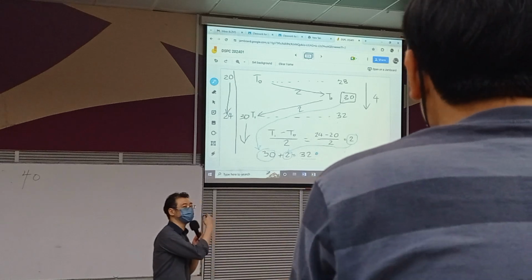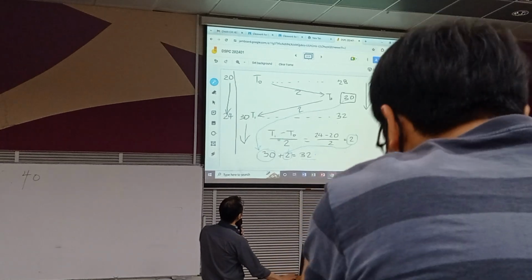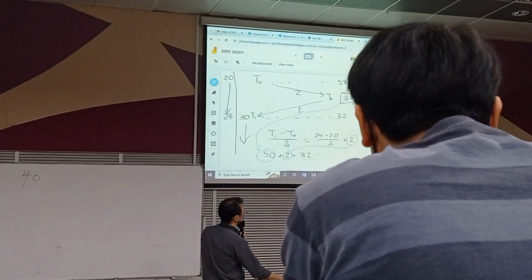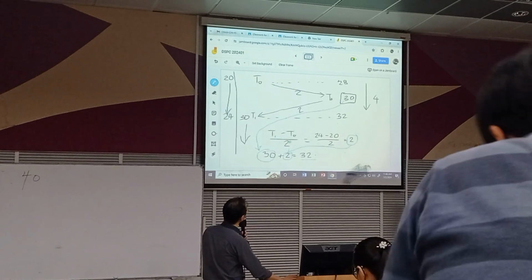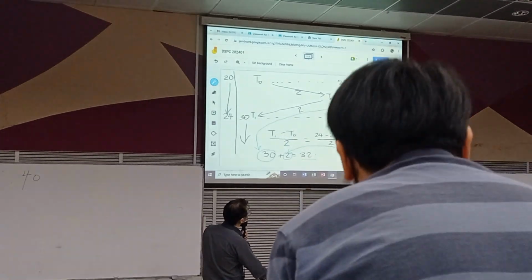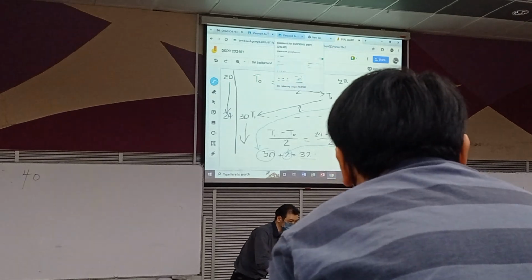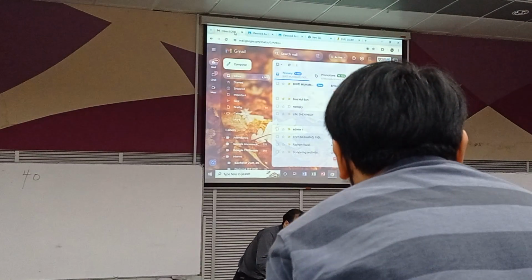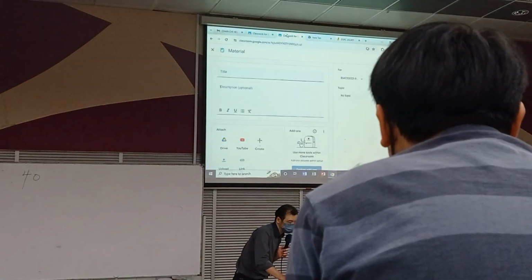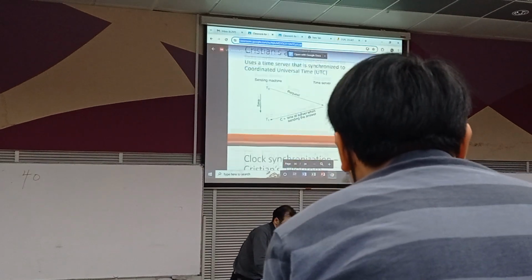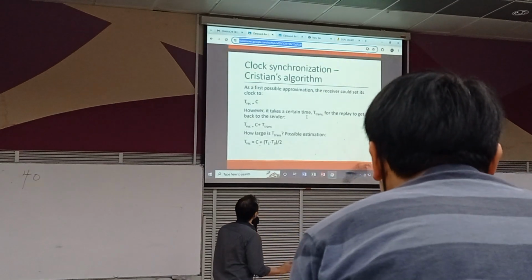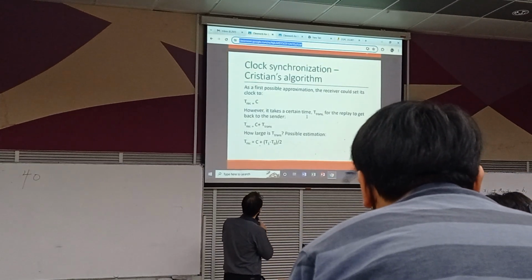Do you understand? Okay? So the formula that I showed you here is actually (T1 minus T0) divided by 2, plus the time that is gotten here. And that is what the slide is telling you. Where is the slide? You see that formula there?